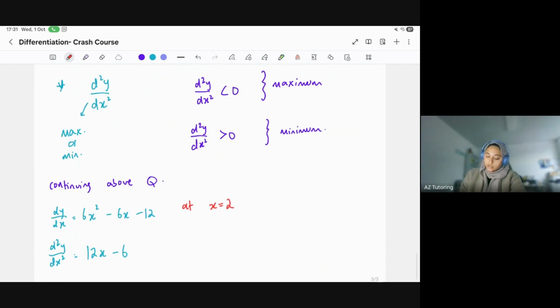So at x equals 2, d2y over dx2 is 2 times 12, 24, 24 minus 6, which is 18. Now 18 is more than 0, so that means at x equals 2, this is a minimum point.